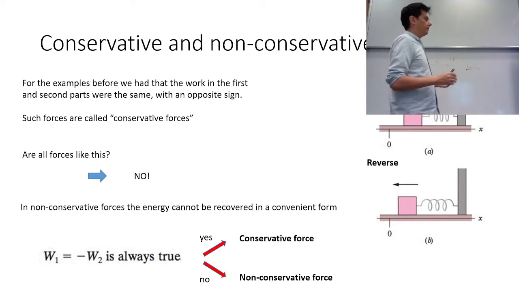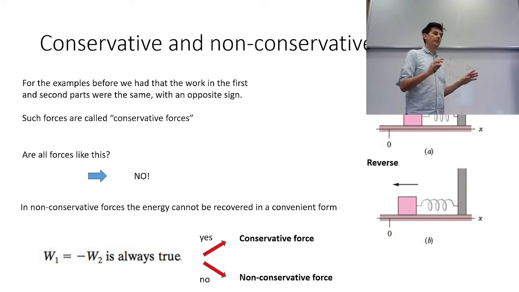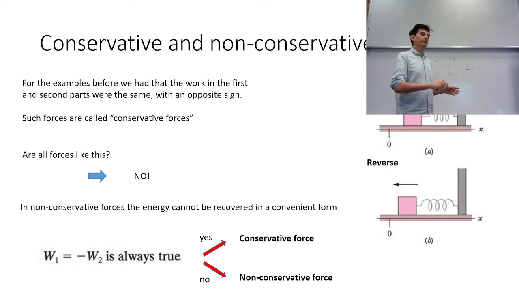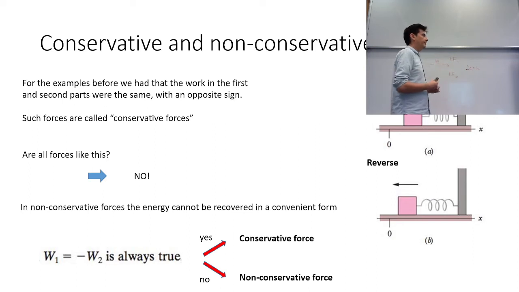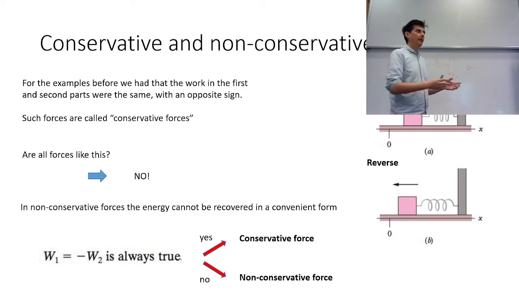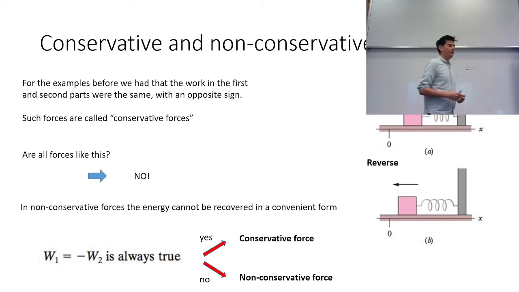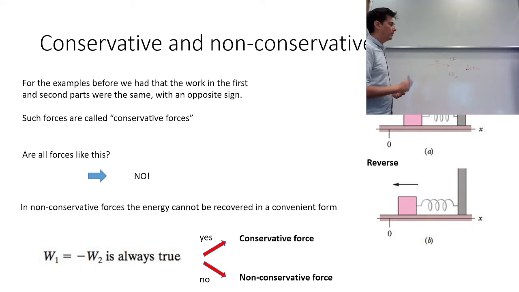So in these two examples, they're ideal cases. In real life, often the situation may not have a conservative nature because of imperfections like friction. So this is more or less what we're talking about here.